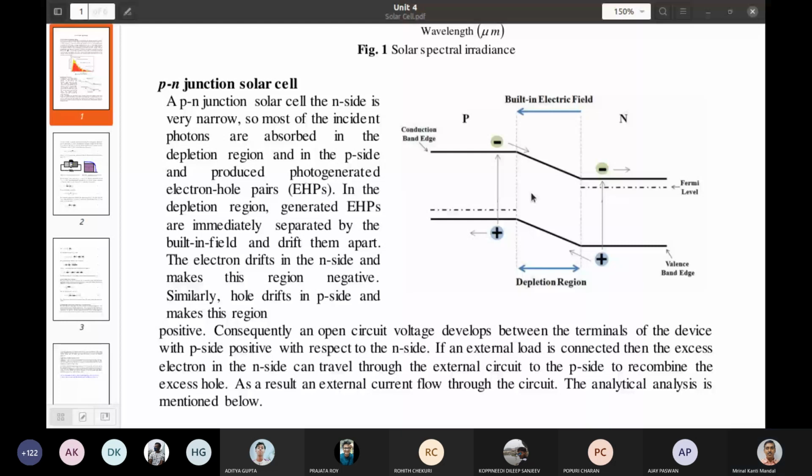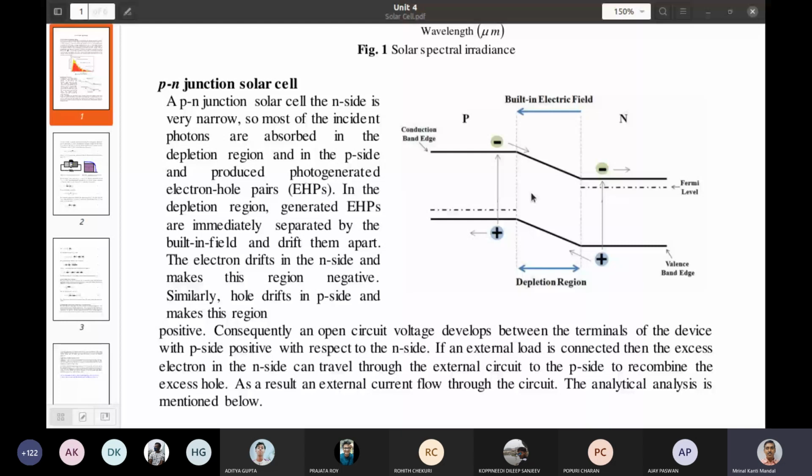This field inside the junction is responsible for separating the generated electron hole pair, moving the electron towards the n side and the hole towards the p side.